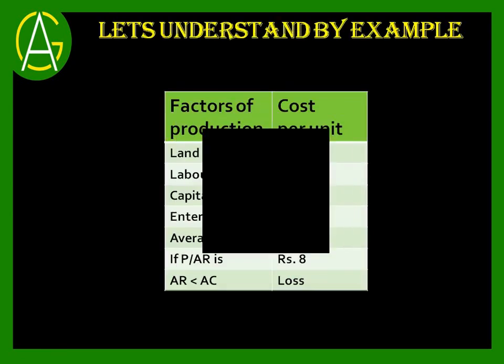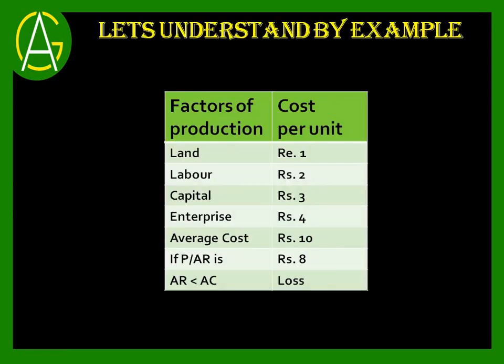Third situation, once again the factors of production are used and the cost per unit is given. Land cost 1 rupee, labor cost 2 rupees, capital cost 3, and the cost of entrepreneurship was 4. So the average cost of one unit is 10.